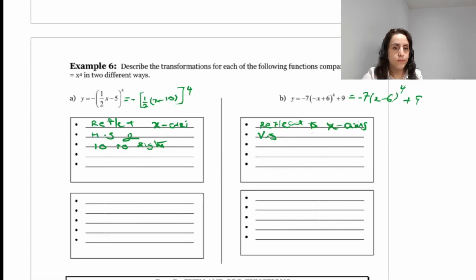Vertical stretch factor of 7. Then what else do I have? 6 units to the right, and finally 9 units to the top.